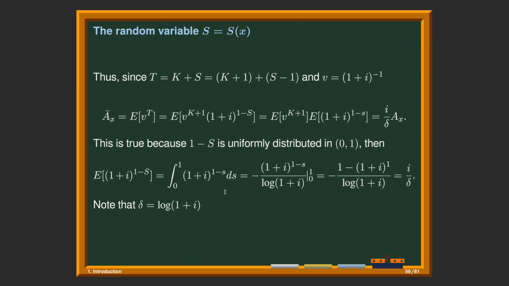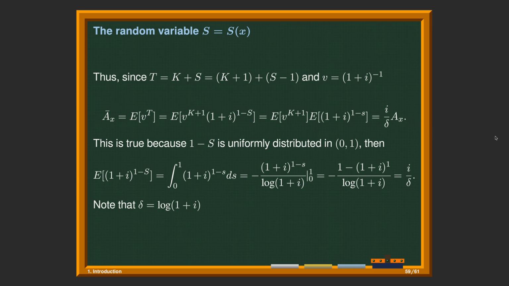The PDF would be 1 over 1 minus 0, so the PDF is 1. And so we end up with I over delta, again noting that delta is log of 1 plus I. So the expectation of 1 plus I to the 1 minus S is I over delta. Okay? So we arrive at the same identity.